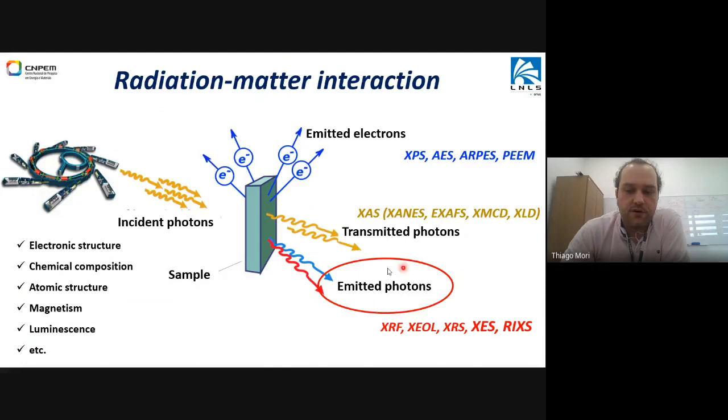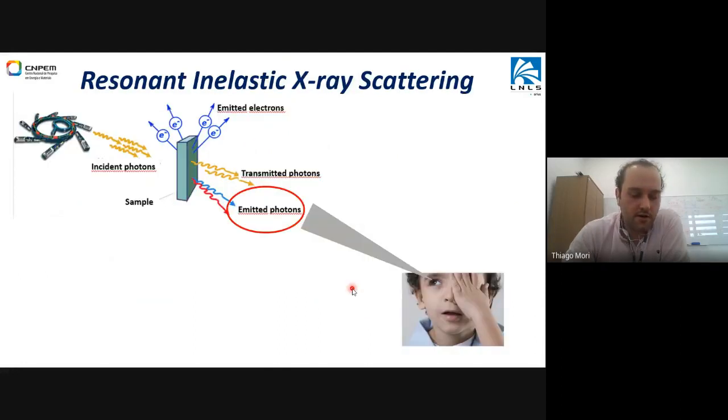And now I want to focus on the emitted photons to talk about a very interesting technique, which is very new. There are just 5 or 6 spectrometers around the world with this technique. And we will have a very nice spectrometer here at the LNLS. So basically, we ignore the other products and we look just at the emitted photons.